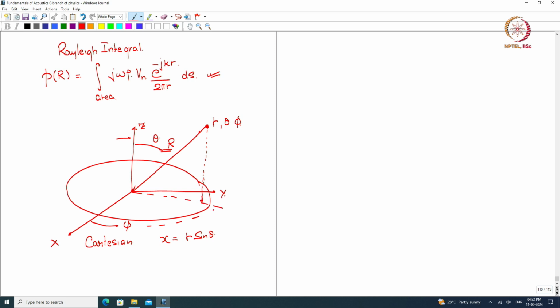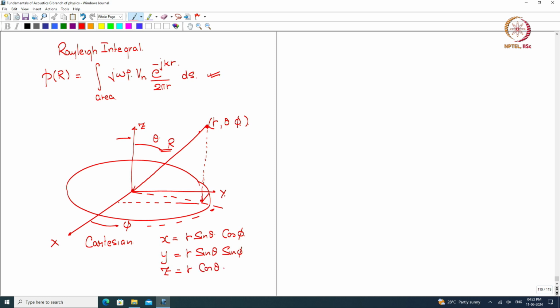So r sin theta cos phi, that is the x location of this point. And what is the y coordinate of that point? That is r sin theta sin phi, right. This is the projection this way and projection this way. Then z is r cos theta.